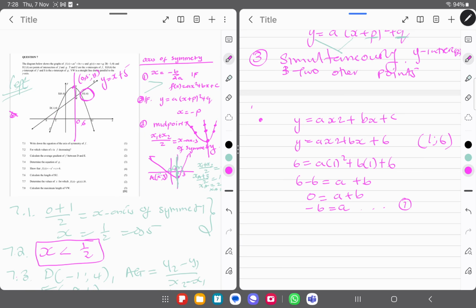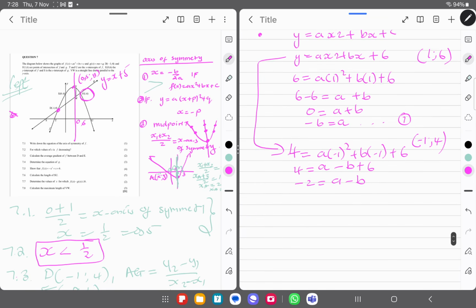This can be my first equation. Now I'm going to substitute minus 1 and 4, which is this point. So y is 4 equals a(-1) squared plus b(-1) plus 6. 4 equals a minus b plus 6, so minus 2 equals a minus b.